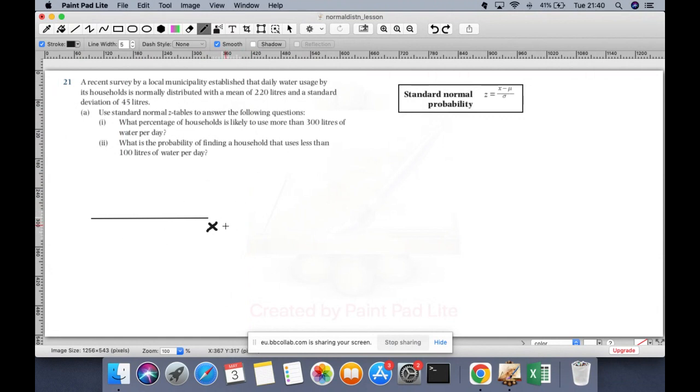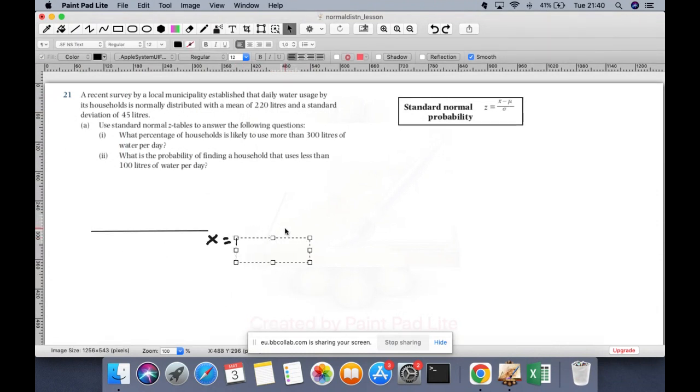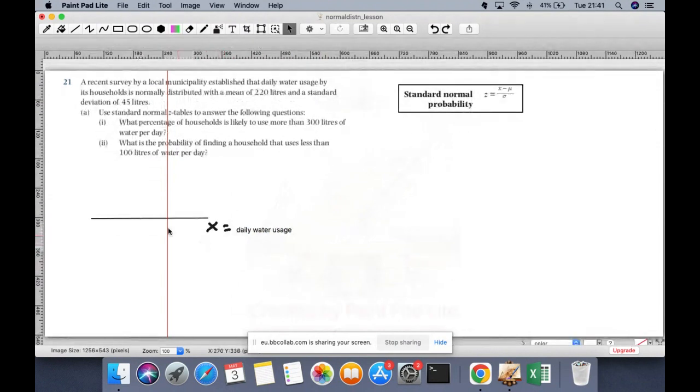So x is daily water usage. That's what our x represents.